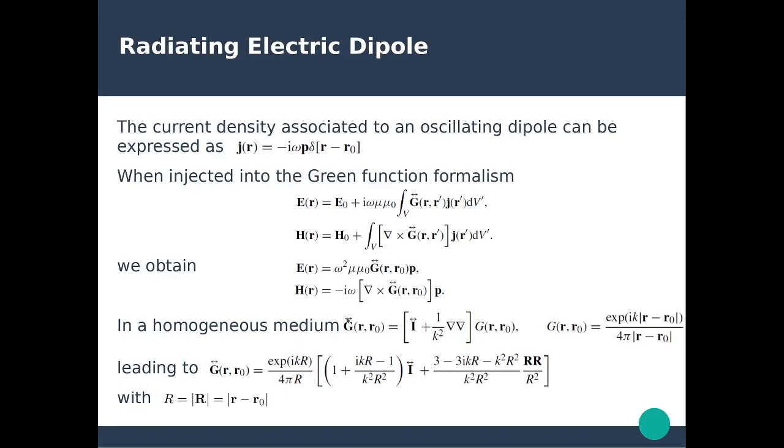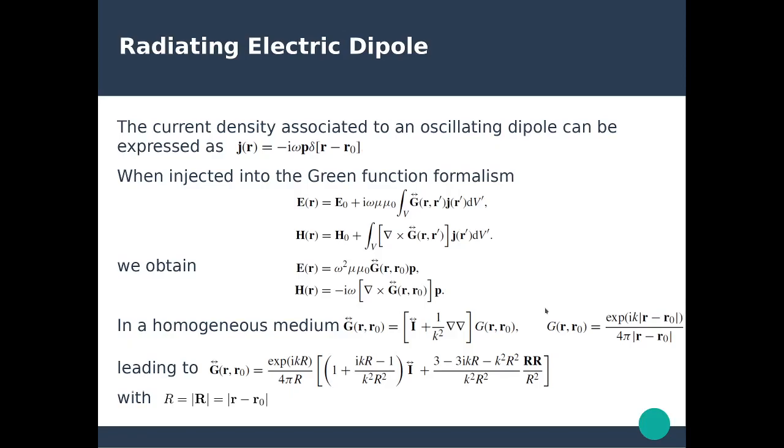If you look at the case of a homogeneous medium, we have seen previously that the Green tensor can be expressed as a function of the scalar Green function. Just as a reminder, this is the expression of the scalar Green function that we've seen in chapter 2.